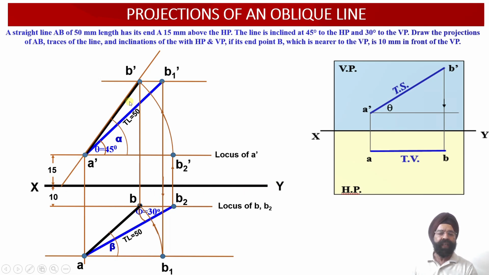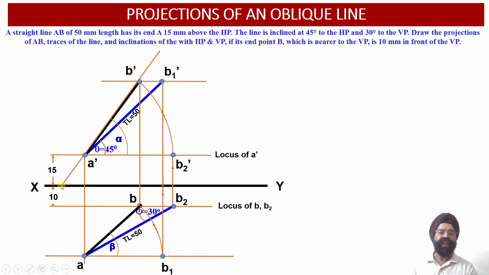Wherever the A dash B dash apparent length projection or its extension intersects the XY reference line, we obtain the point H dash. Next, from point H dash, we draw a vertical projector line into the plan projection view, and this vertical projector line has to be extended so that it intersects with plan projection line AB itself or its extension.